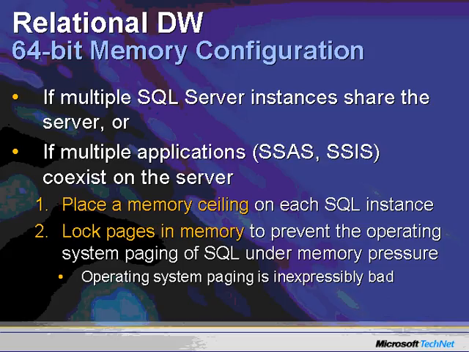So if you have multiple SQL Server instances, I don't mean databases, I mean instances on the same server, or if SQL Server is coexisting on the same server with another memory-intensive application, such as analysis services or integration services or reporting services, then you should definitely place a memory ceiling on each SQL Server instance.